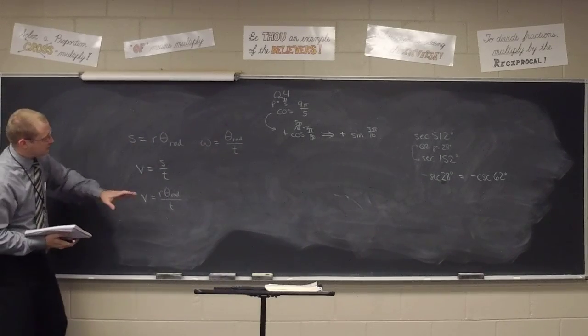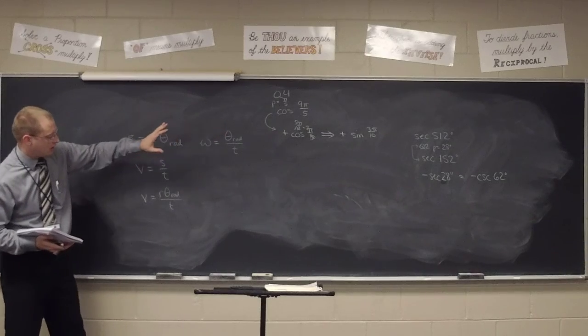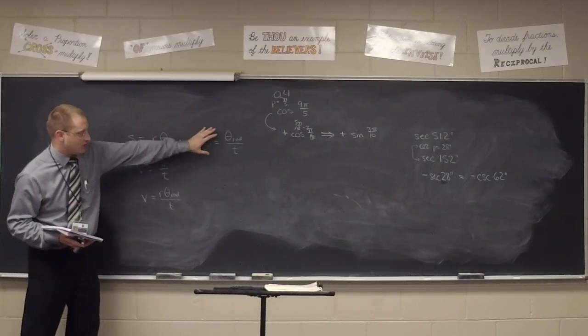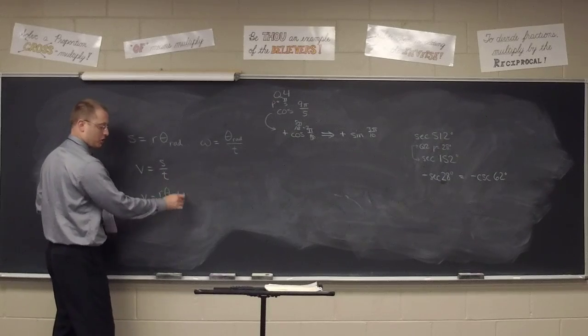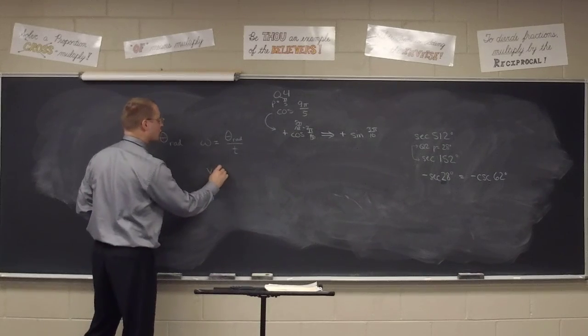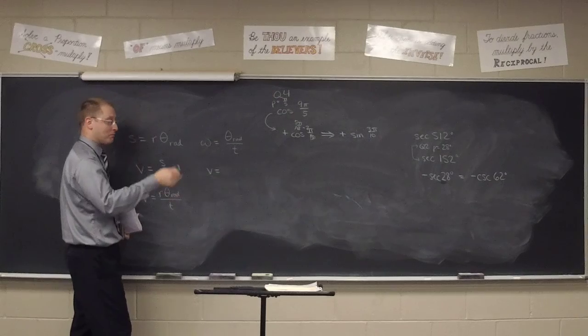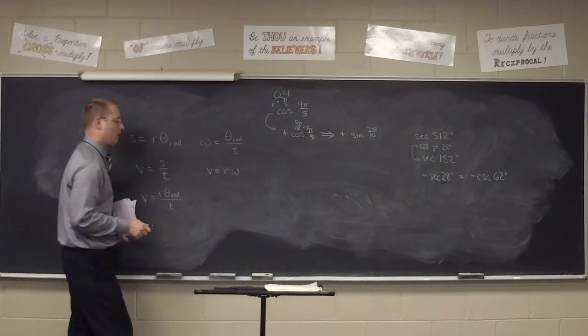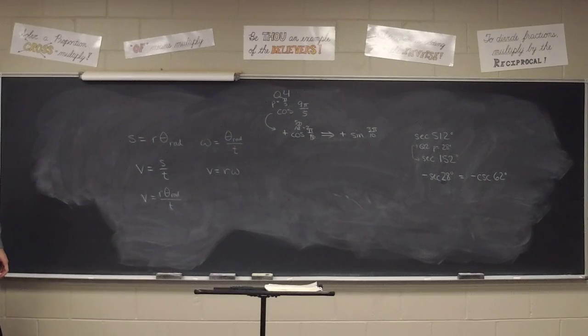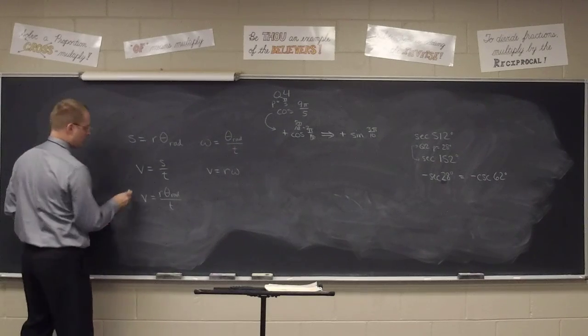But we could kind of see how this equation and this equation could blend together. And if we were to replace the theta rad over T with the omega, we could also say that linear speed, feet per second, meters per second, would be equal to R times omega. A couple of things to emphasize here.